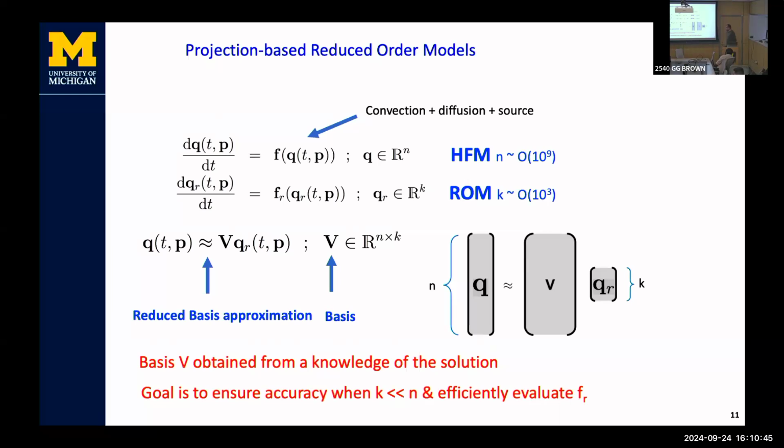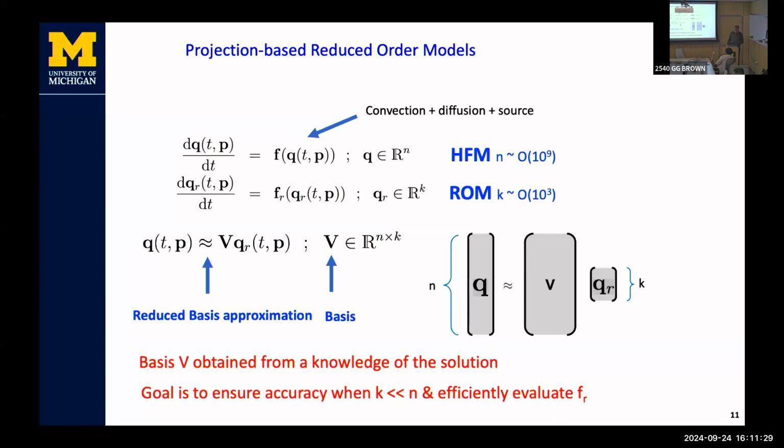This is no different from a basis representation like finite elements, at least in representation wise, but in reality, your finite elements give you a local basis that is completely unaware of the underlying solution. But here you're able to get away with this because this basis V knows something about the problem, and that is why you're able to make the reduction, right? In your finite element field, you have an ad hoc basis that's not tailored to the solution, whereas here we find V that knows something about the solution, and that is what makes this possible.